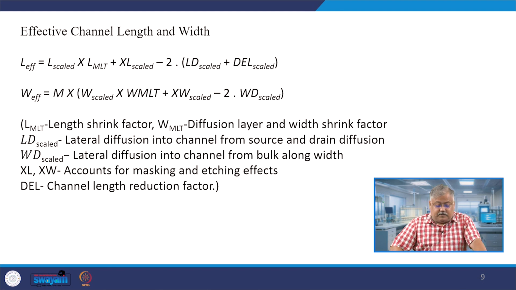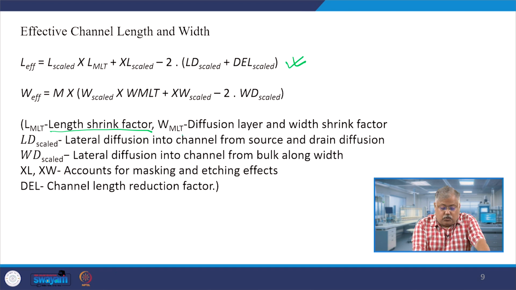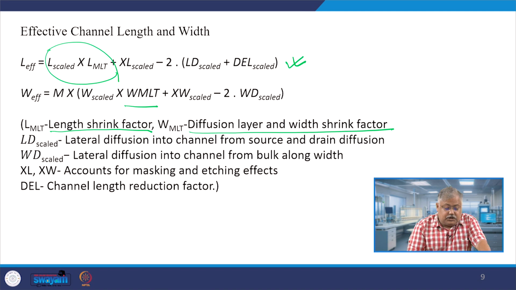If you look at the first expression here, it is basically L scaled, which is the length of the device, multiplied by LMT, which is also referred to as the length shrink factor, and WLMT, which is basically the diffusion layer and width shrink factor. So what we have done is multiply the length and the width by a shrink factor.